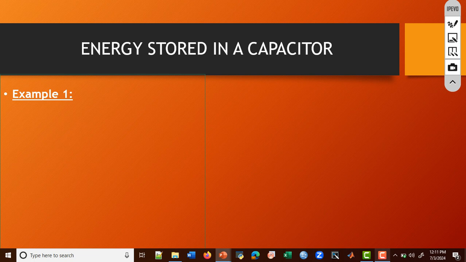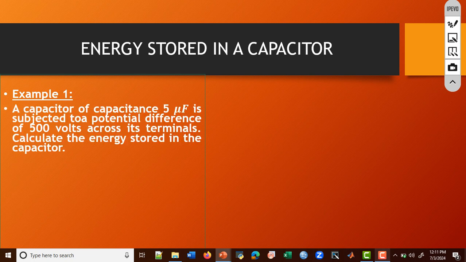Let's take this example. A capacitor of capacitance 5 microfarad is subjected to a potential difference of 500 volts across its terminal.